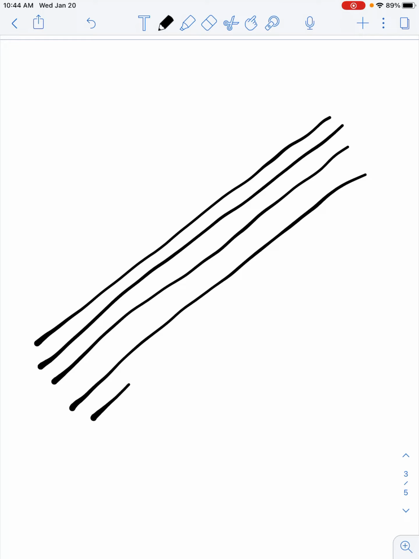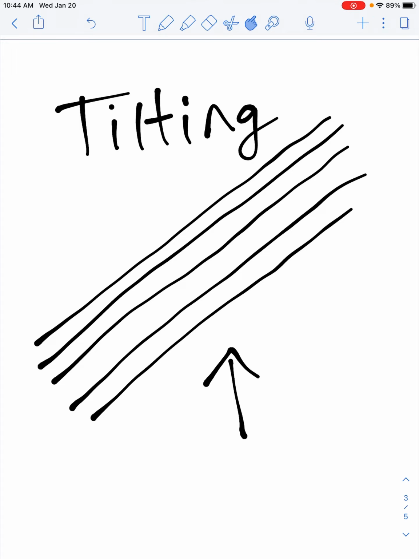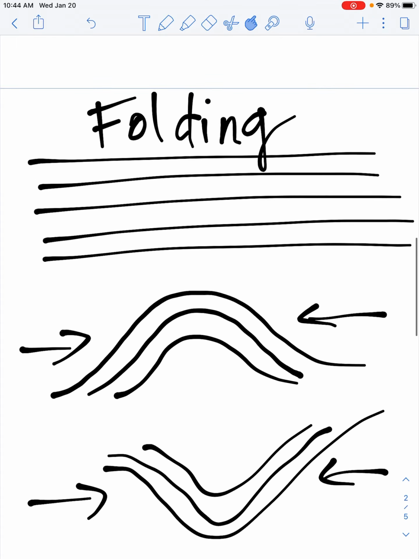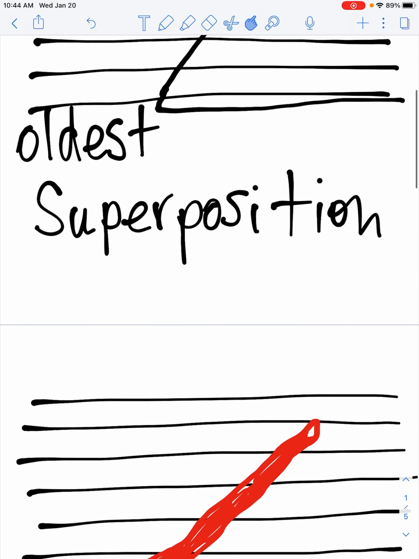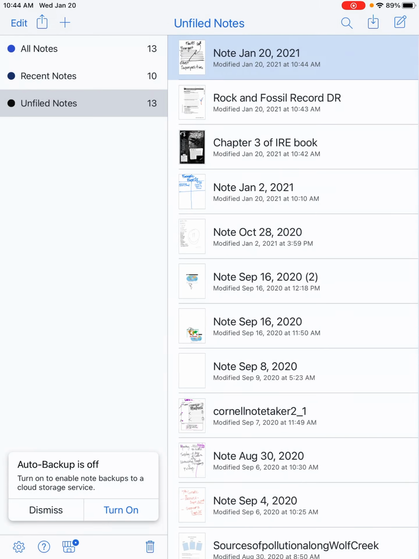If those rock layers get pushed up, that's called tilting because they're tilted. So folding, faulting, tilting, and intrusion. Tilting, folding, intrusions, and faults are four ways that rock layers can be disturbed.